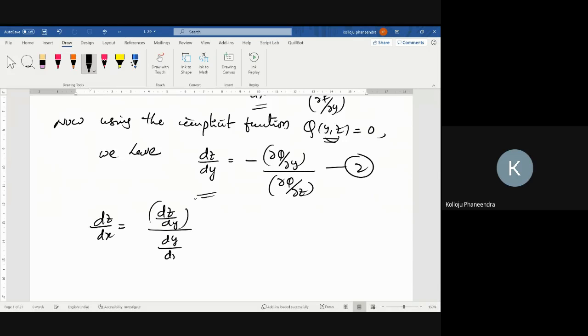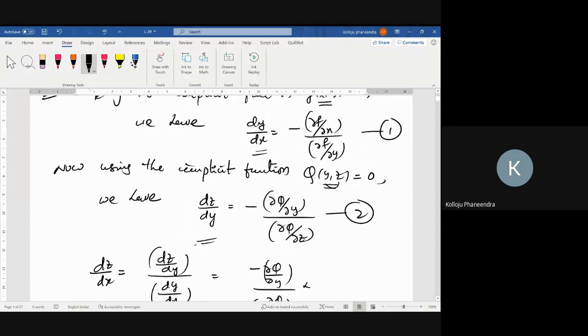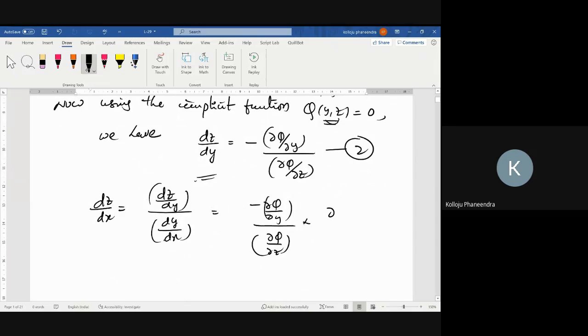This is the so-called chain rule. So what is dz by dy? Minus dou phi by dou y by dou phi by dou z. This is over, into dy by dx, means this one by this one, that means dou f by dou y.